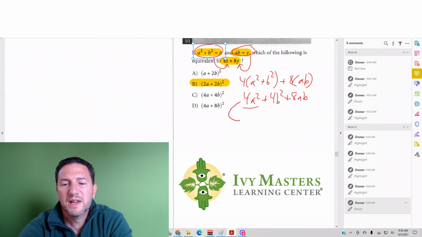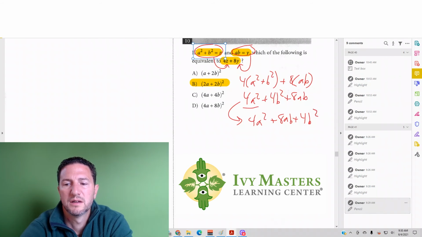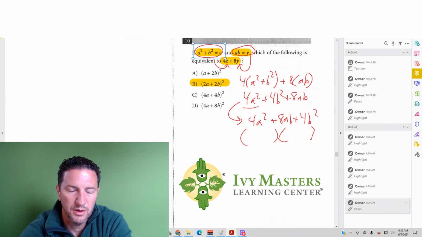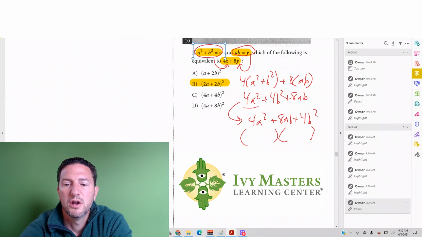If I rearranged this, you're used to seeing the perfect squares on the outsides. And if I then factored it, knowing that all the answer choices are perfect squares, what's the square root of 4a squared? It's 2a. That's going to go there and there. What are my signs? They're plus plus because everything's positive. What's the square root of 4b squared?